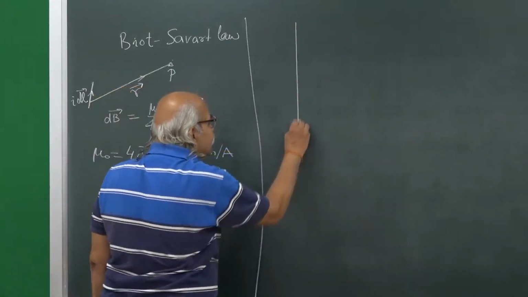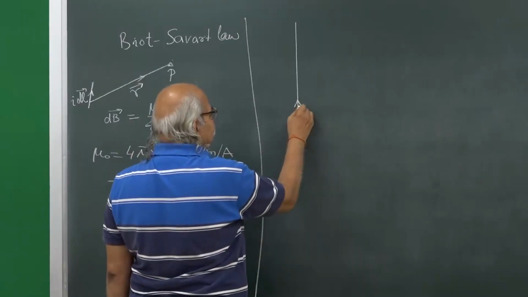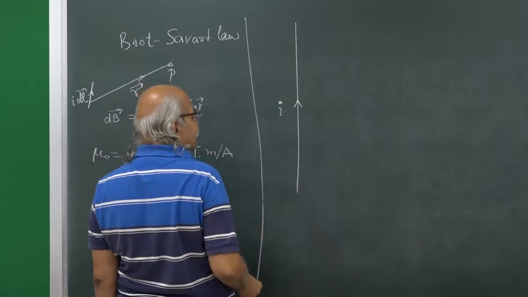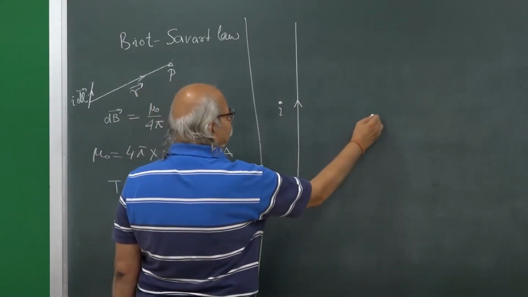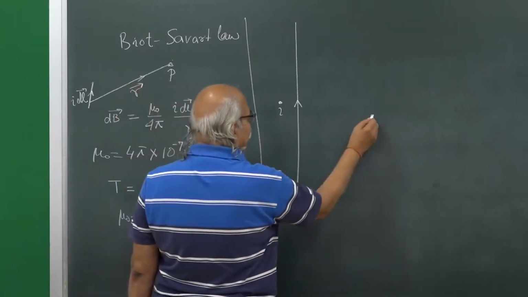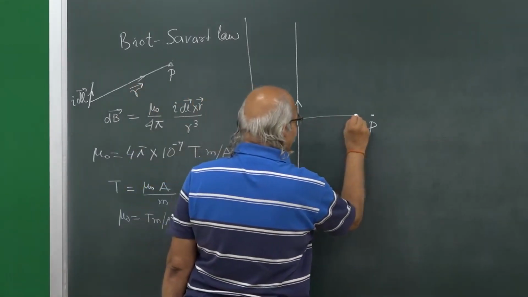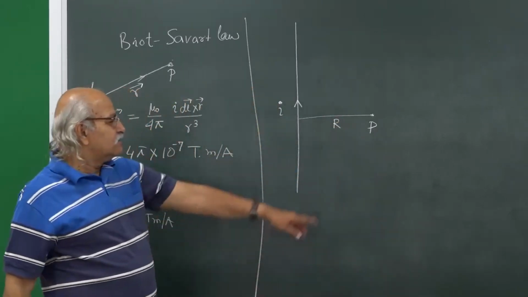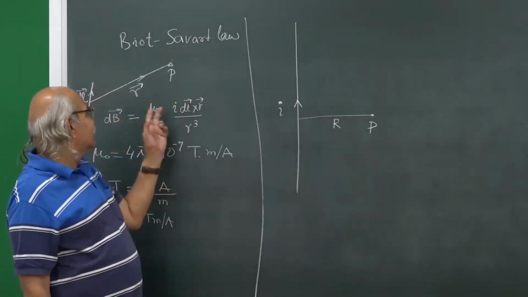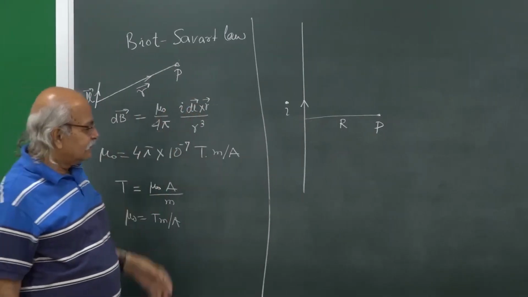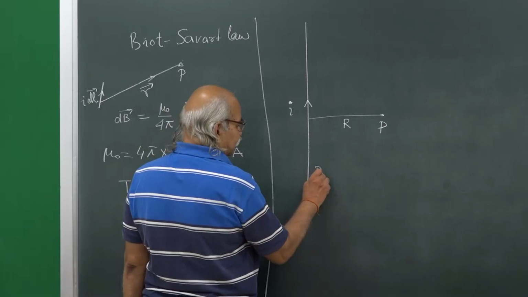So you have a long straight wire carrying a current, a point P is given, and the perpendicular distance of this point P is, let us say, r. Then you take the cross product, integrate this, and get the result B.